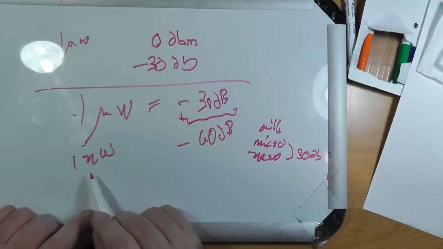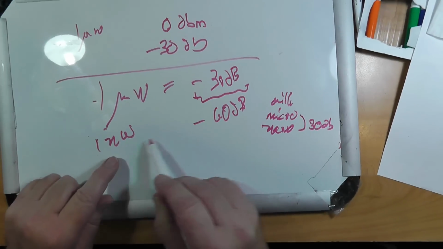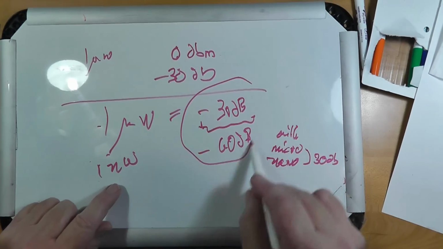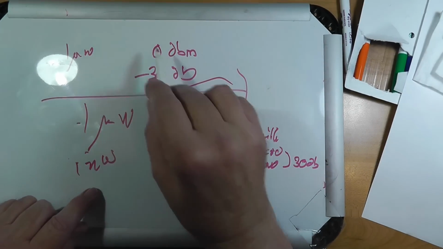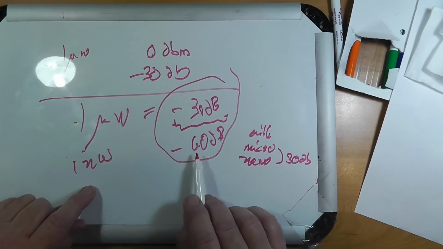So you can see that it's easy to deal with very small signals and very big signals on a relatively easy to deal with scale.